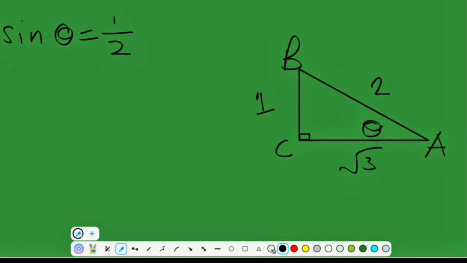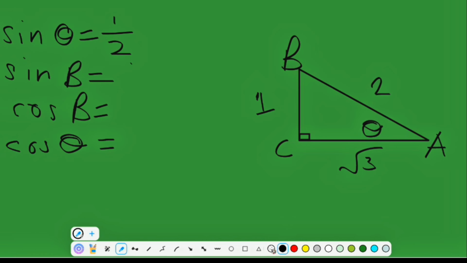Now let's look for sine B and cos B. Let's look for cos theta. You can pause the video to do these on your own. Sine B is supposed to be equal to square root of 3 over 2, right?